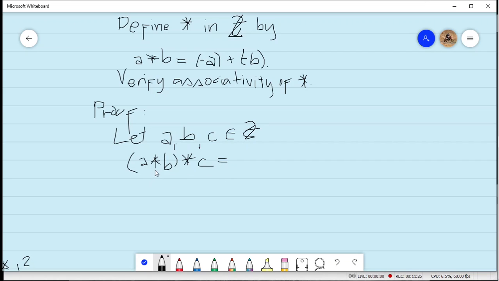by definition, A operation B, from this definition here, would therefore be the quantity negative A plus the negative of B. Okay, so that is A operation B. This result would have to be operated to C later.